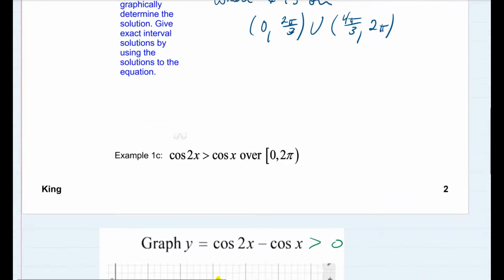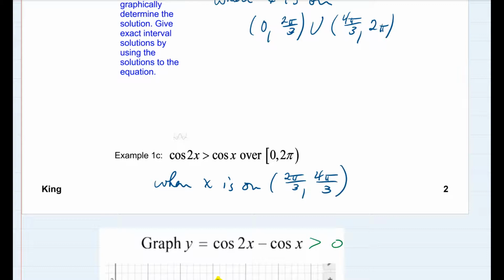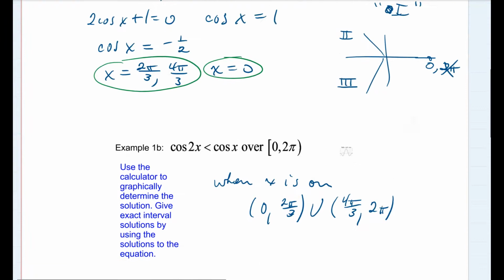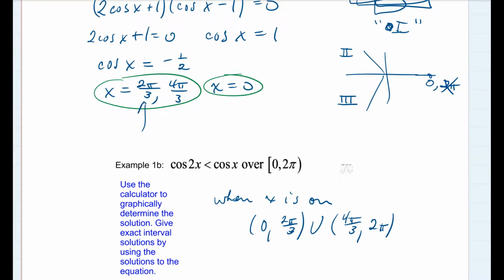So we can now write when x is on 2 pi over 3 to 4 pi over 3. And you'll notice we're using exact radian angle measures here, which we did determine earlier when we were solving the equation and getting the exact solutions.